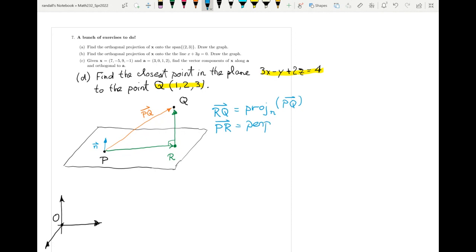It's the perp part of this projection on N.